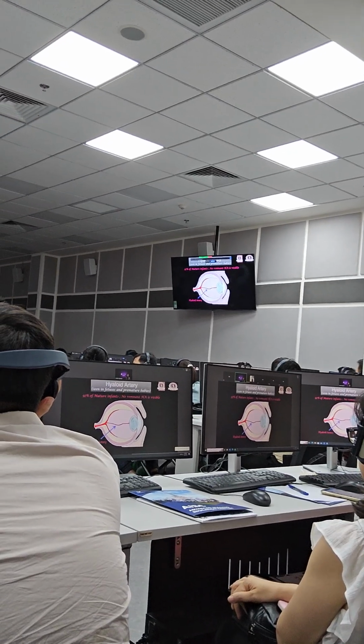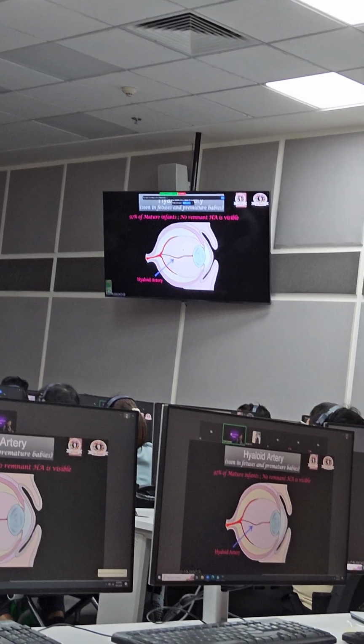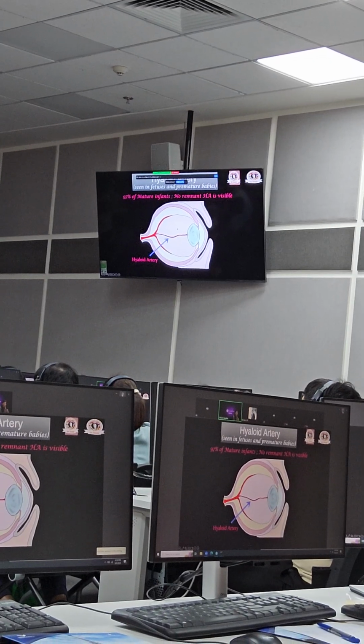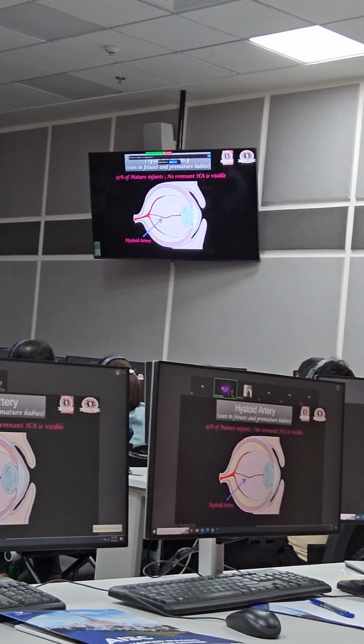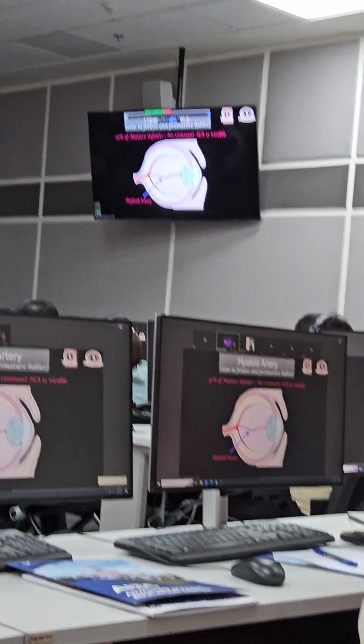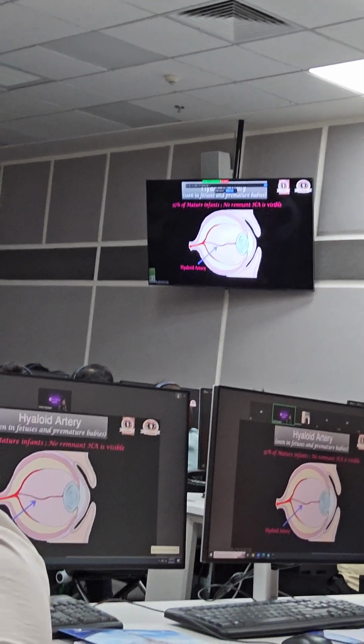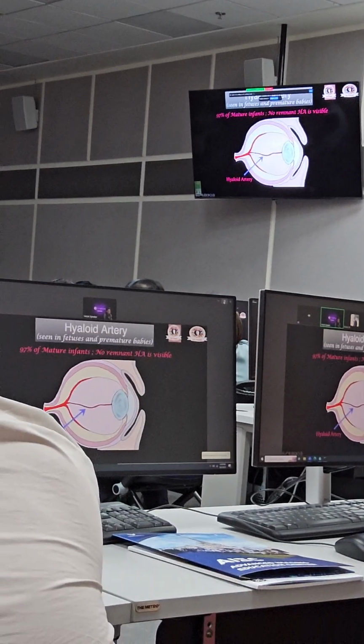So in 97% of mature infants, no remnant of the hyaloid artery is visible. Now, the hyaloid artery is the artery from here to the back of the lens.